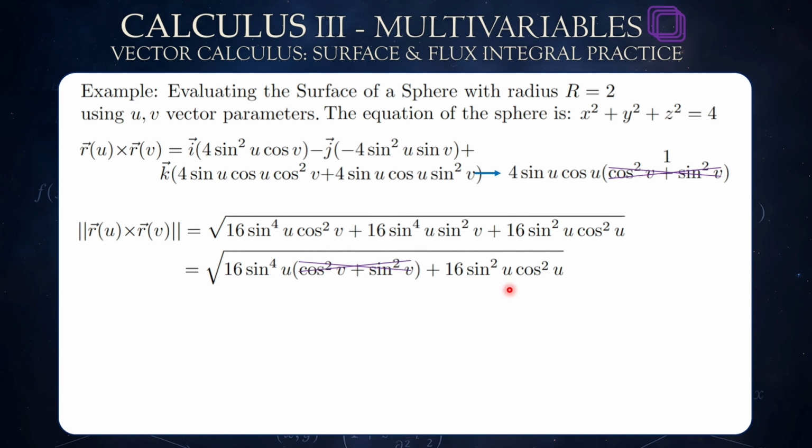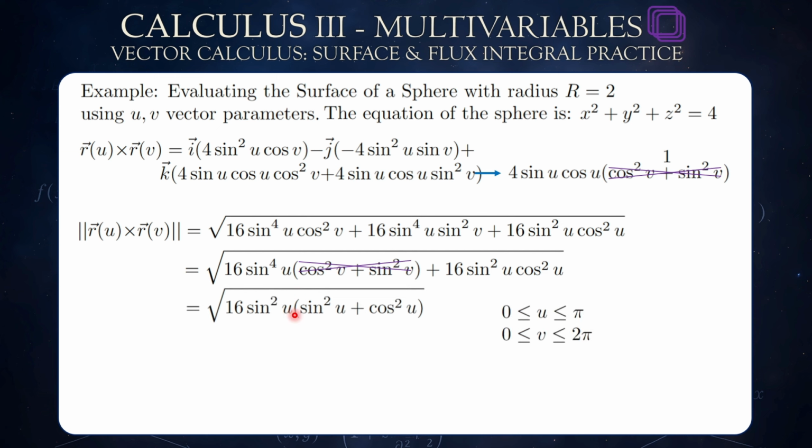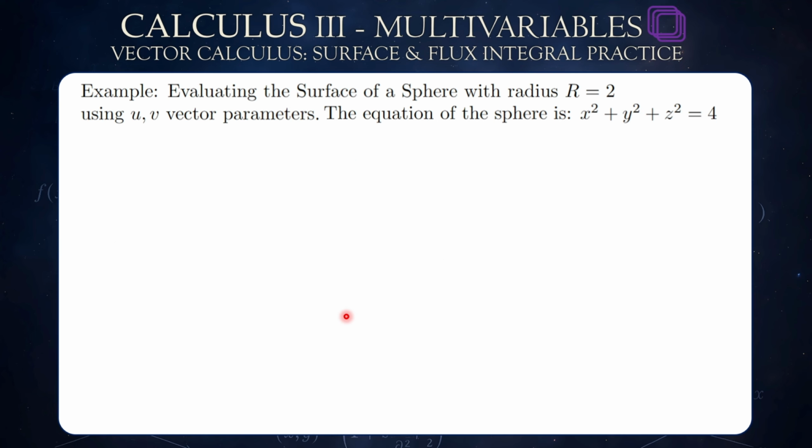We get rid of that, it gives us 1. So it is equal to 16 sine square u times sine square u plus cosine square u, also 1, equal to 4 sine u. Then you integrate it.